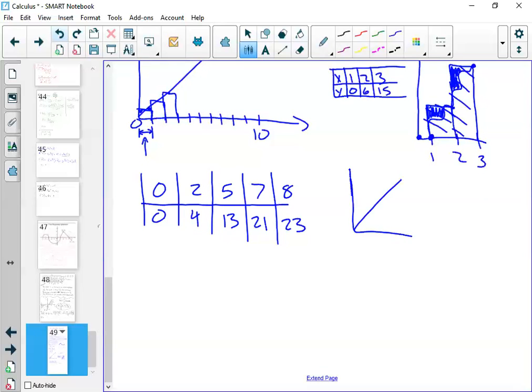By the way, I just realized that when I was doing my right sum or my left sum, whatever, I was taking the area. Let's say this is a 3 and this is a 2, and so this is a 3. I said the area of that rectangle would be 9. That's way off. The width of this rectangle is only 1, and 1 times 3 would only be 3.